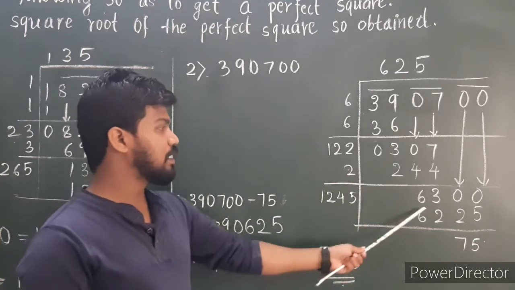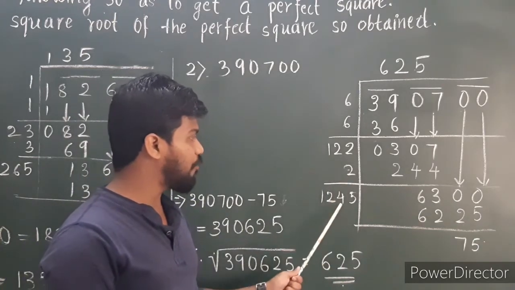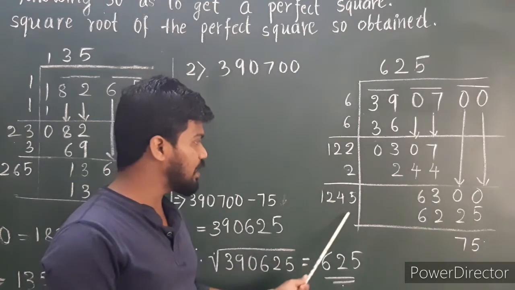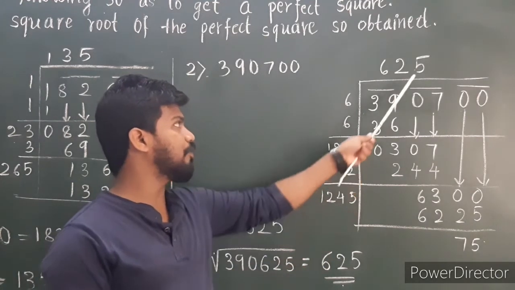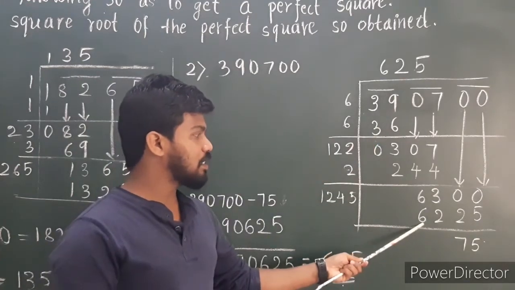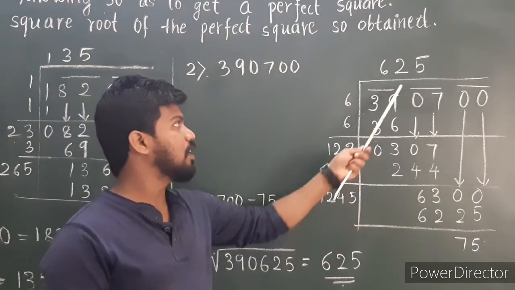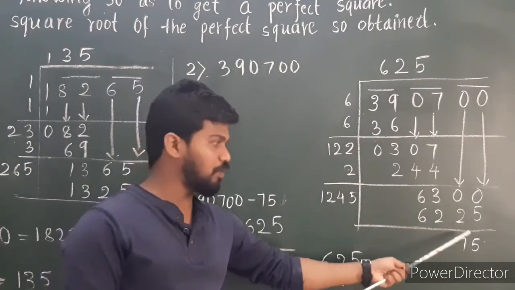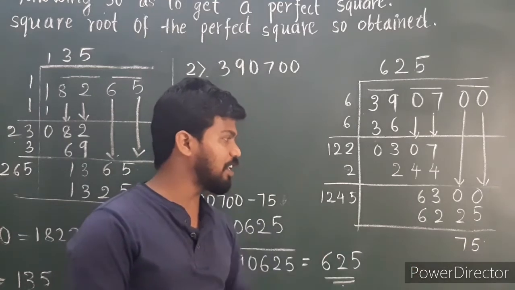So that is 6,300. So here 2 plus 2 you get 4, so 12 as it is, and next 1245 into 5 you get 6,225. So the remainder you got is 75.